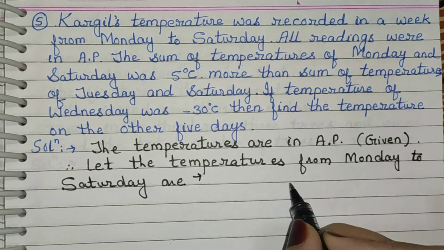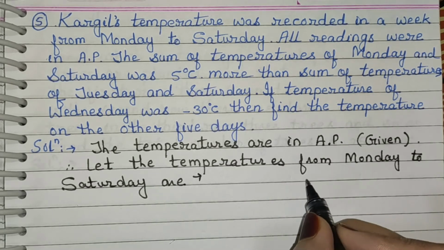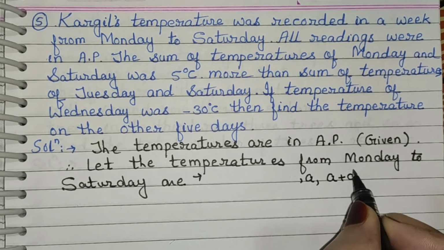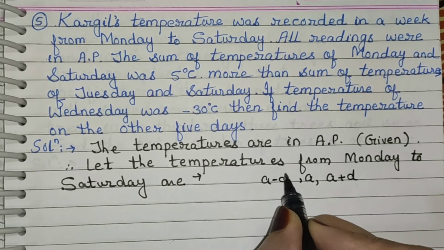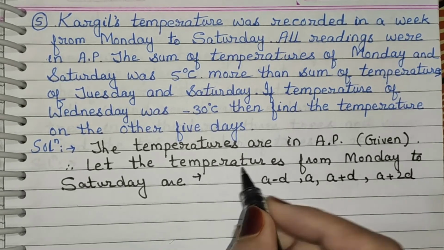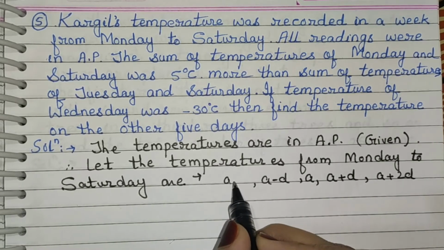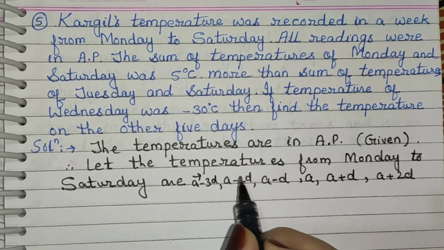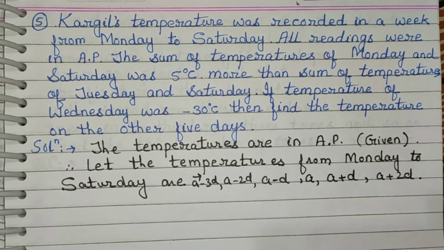Now consider 6 consecutive terms: A plus D, A minus D, A plus 2D, A minus 2D and A minus 3D respectively.